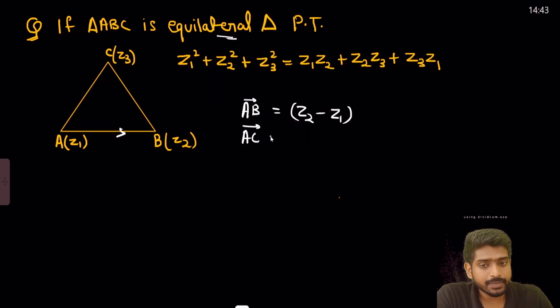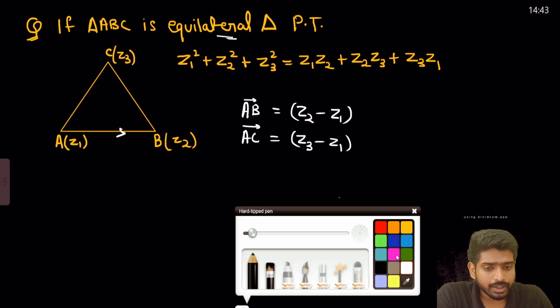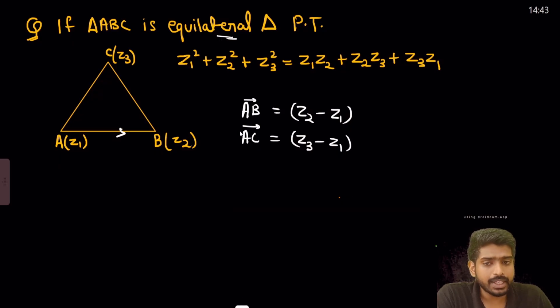What is AC vector? AC vector is position vector of C minus position vector of A. Got it?